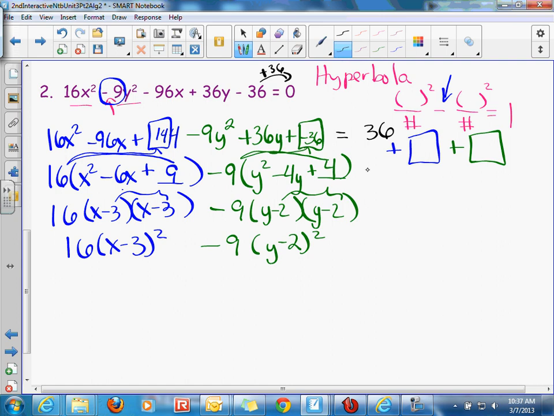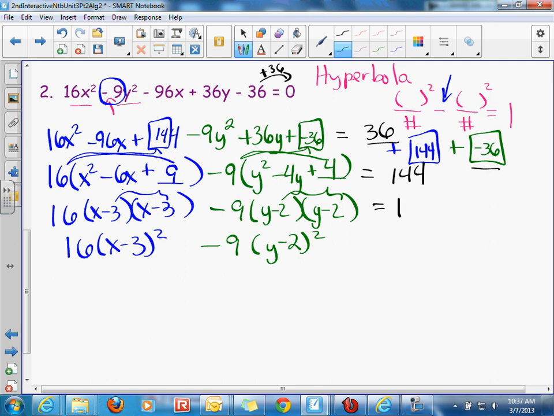Now we go to the right side. The number that we added for the x's was 144, so that goes into this box, the blue. The number we added for the y was negative 36, so negative 36 is in the green box there. What's kind of neat is that I had a positive 36 and a negative 36, so my actual mental math of combining the 36 is they really cancel, and it's just 144.